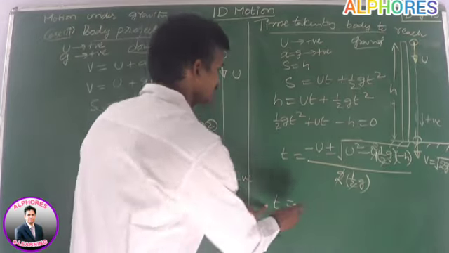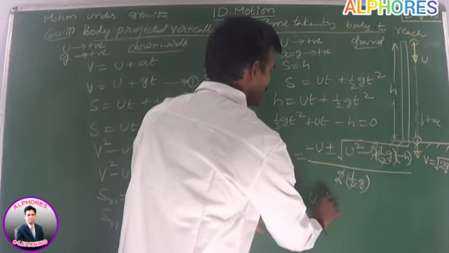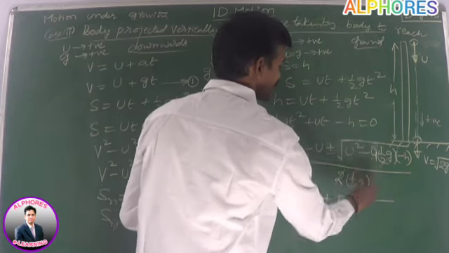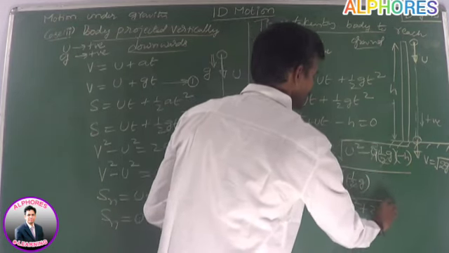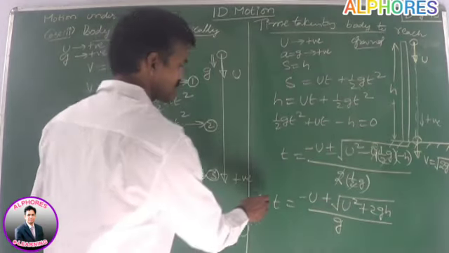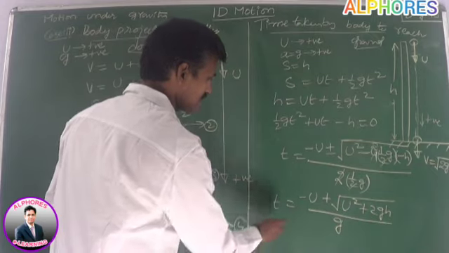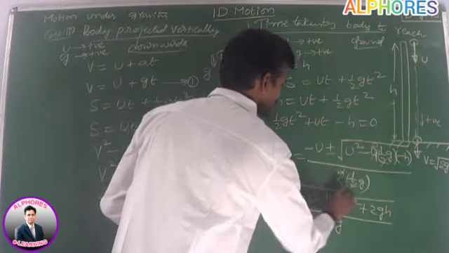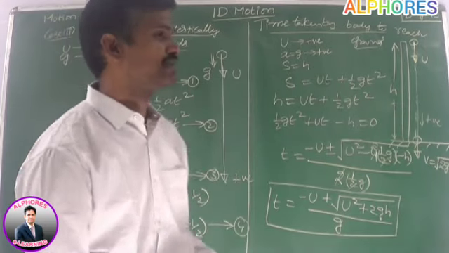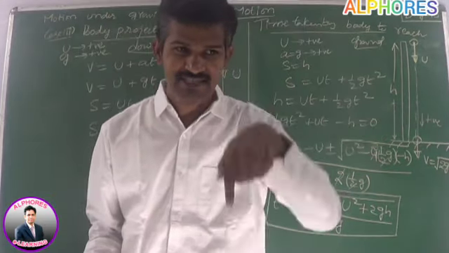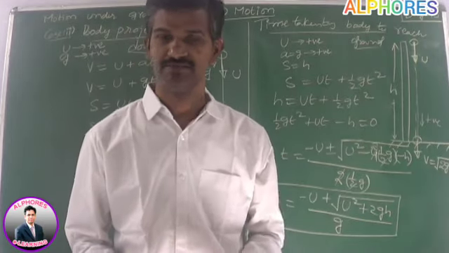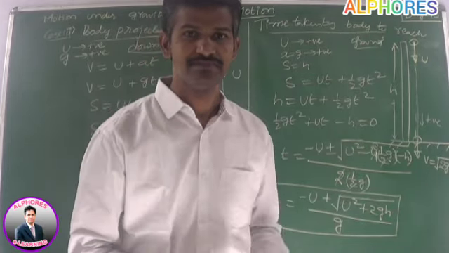So this time is minus u plus root of u square plus 2gh, by g. From this we can get the time taken by the body to reach the ground. We can calculate time for a vertically projected body. If the body is dropped freely, its time is the square root of 2h by g. We already calculated that one. Okay.